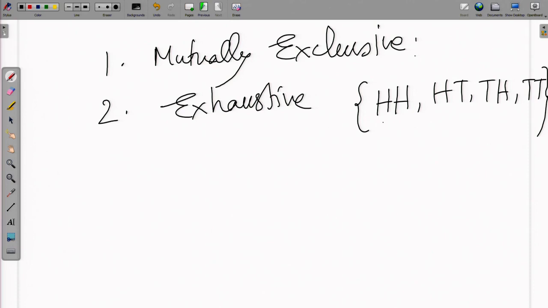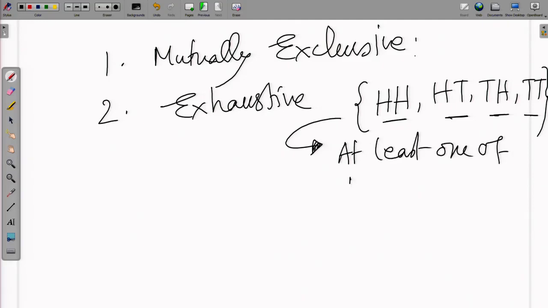Here you can note that I am using the terms event and outcome interchangeably. It is not a problem because I am defining the end result as an event or as an outcome. So when I say exhaustive, I need to ensure that at least one of them necessarily occurs.